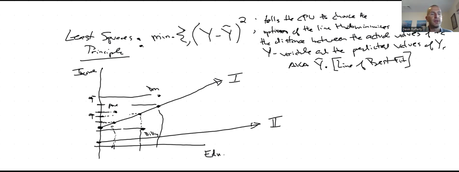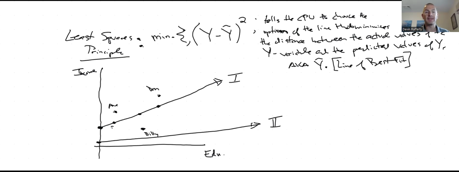Okay. So what I'm getting at, and what's really important to understand about linear regression, is that there are actual values of what the variable has. The actual value is how much income each person is making per year. And then the predicted value is basically just the line saying, all right, given that this person has this level of education, how much would I expect the person to make?